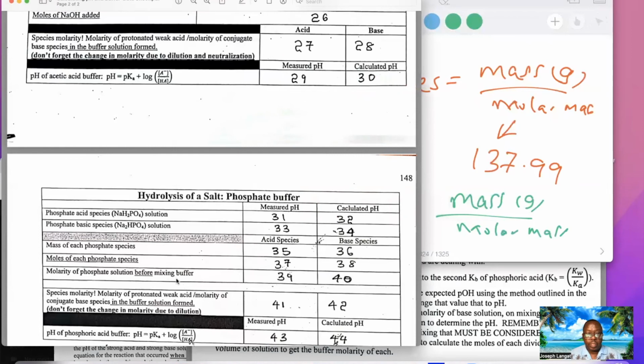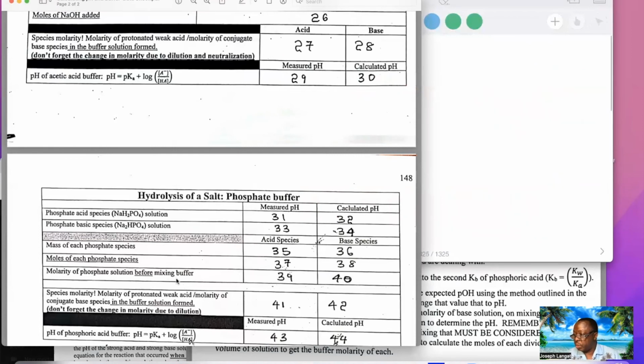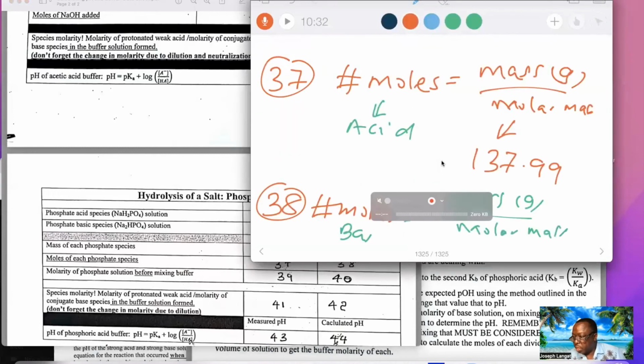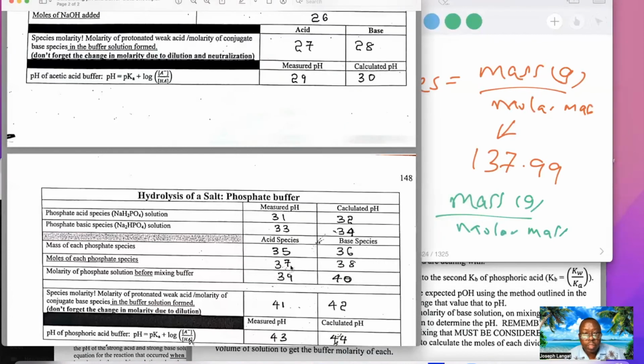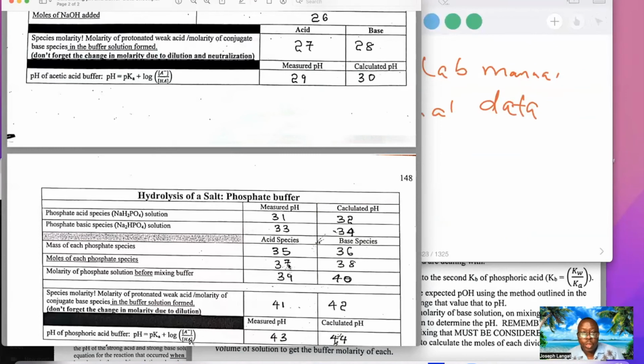Remember, before mixing, number 39, molarity. Before mixing, these are pH. Mass 35, 36, did I get that? Number 37, you have to measure. Sorry about that.